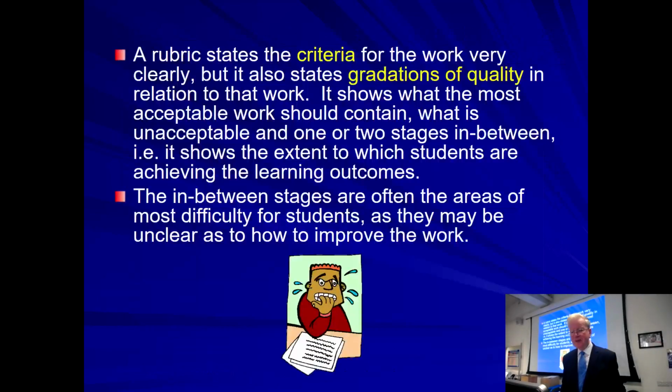So basically, what we're saying is that the rubric not only states the criteria, it states the gradations of quality. It shows what's acceptable, what's outstanding, what's in between, and what's of very poor quality, what's totally unacceptable. The in-between stages can be a bit of a grey area.